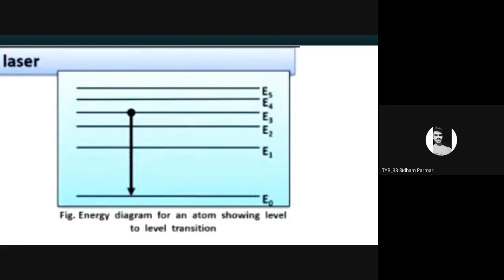This chain reaction continues and stimulated emission of the photon takes place. This sequence of triggering of the photon from the stimulated atoms or molecules is called stimulated emission.